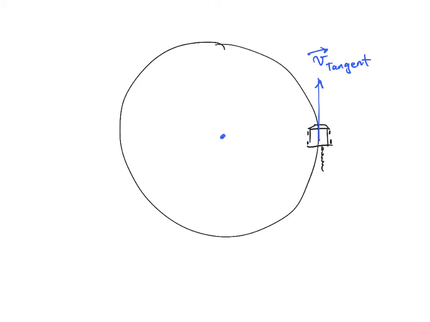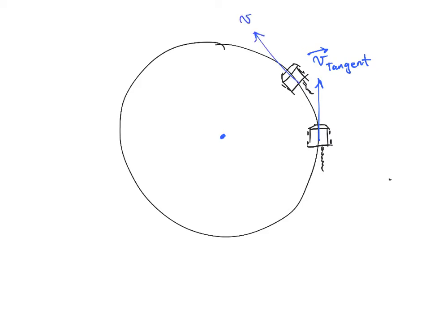At some later point, my car might be, say, here. Here's the car now. So now the direction of the velocity vector has changed, and now the direction of the velocity vector is that way. Again, tangent to the circle, is that way.